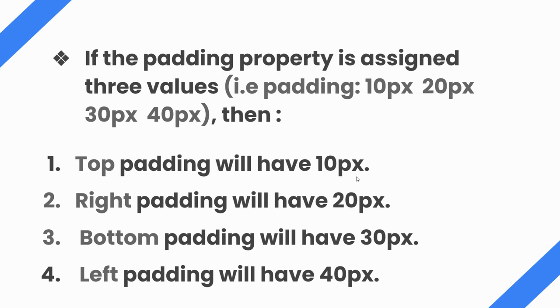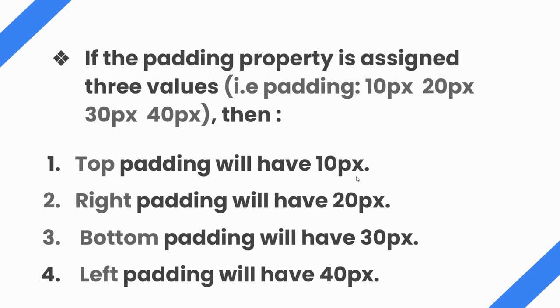I can see there's a typo in this format, it says three values, but it's meant to be four. Don't focus on that, just know that this describes the padding property with four values. Like I said, the padding property here is assigned 10 pixels, 20 pixels, 30 pixels, and 40 pixels.